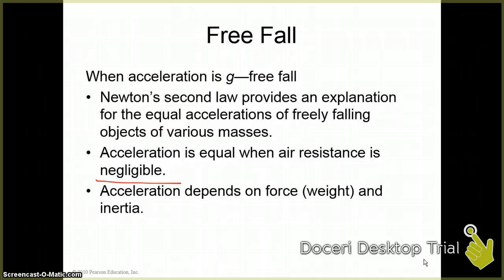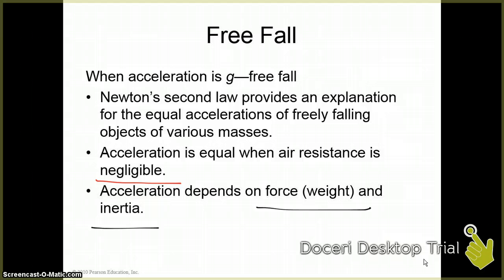So drop a feather and drop a cannonball in a vacuum. When you make air resistance negligible, they fall with the same rate of change of velocity, the same acceleration. Why? Because acceleration depends on force, the weight, and the inertia. Yes, the cannonball weighs much more than the feather. It's got much more force from gravity acting on it.